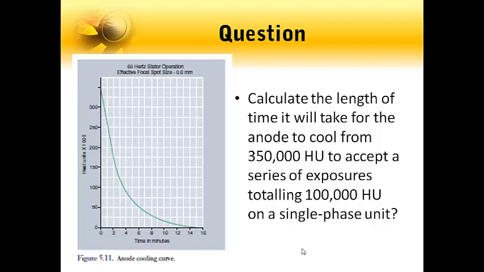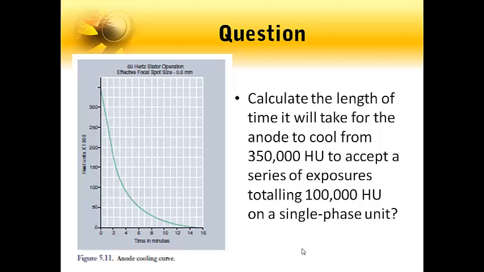The question is: calculate the length of time it will take for the anode to cool from 350,000 to accept a series of exposures totaling 100,000 HU in a single phase unit.